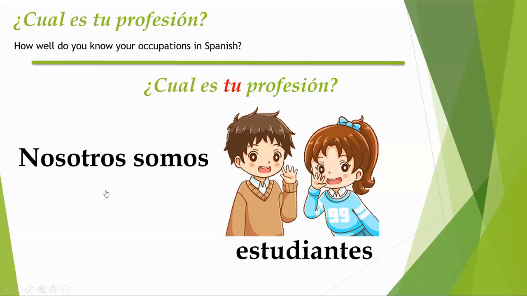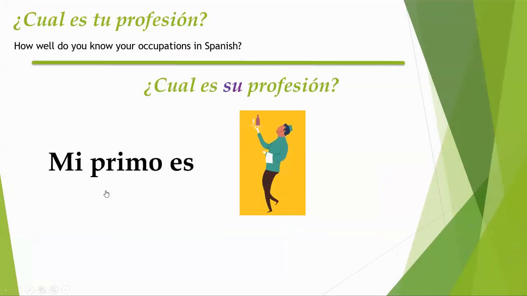All right, let's look at the next one. Mi primo es, who is that person? What is he doing? What is his profession? Serving drinks. He's a waiter. Who is he? Give me the waiter occupation. Very good. I see somebody putting it in the chat. Mi primo es, give me the pronunciation. Camarero.